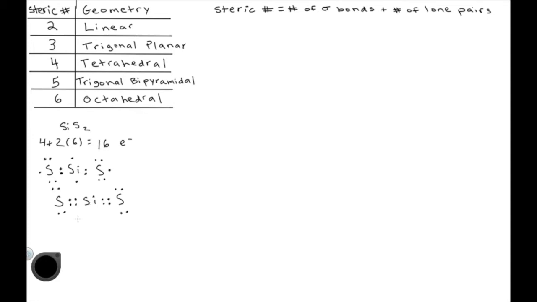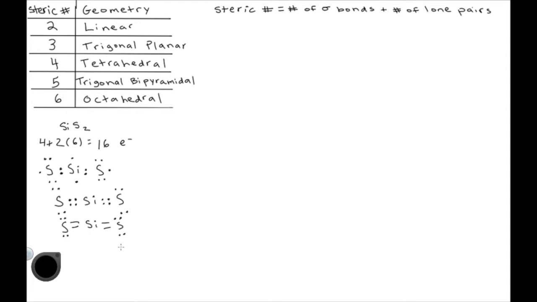So that part is good. Finally, if you want, you can draw bond lines for each pair of shared electrons, right? So if we were to replace each pair of shared electrons with a bond line, it will look something like this. So a double bond connected to the silicon, and then another double bond, and then our last sulfur on the right.